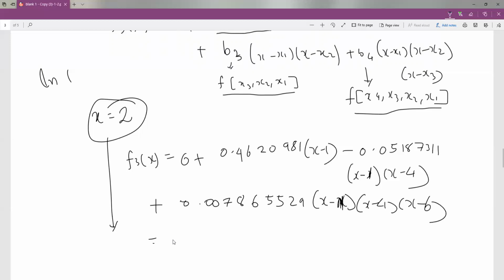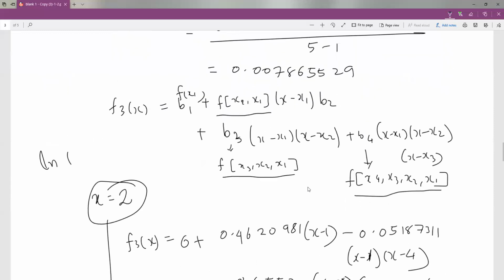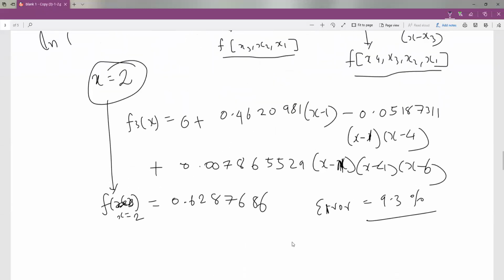And the answer you can see here turns out to be 0.62876686, f of x at x equal to 2. And if you calculate the relative error, it turns out to be 9.3%. This is much smaller as compared to linear and quadratic interpolation. So you can generalize to get closer values of your functions.